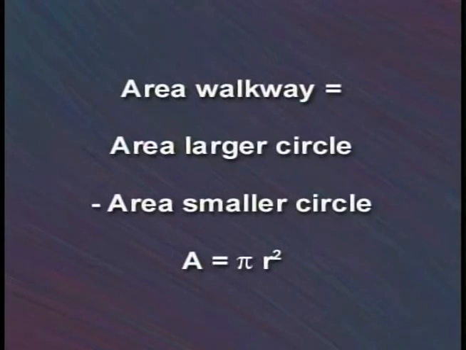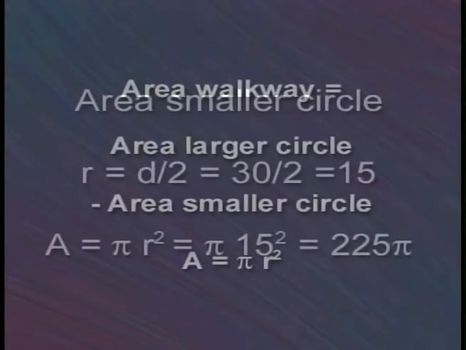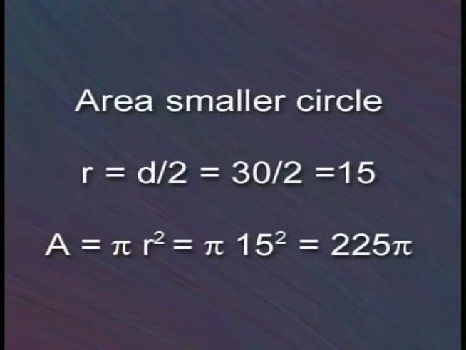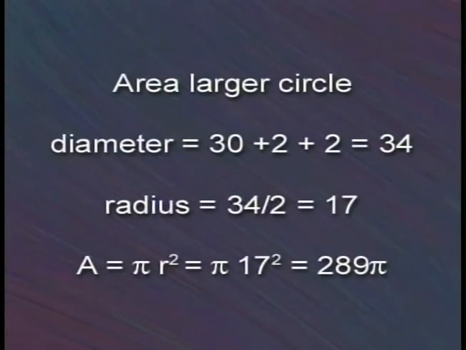The formula for the area of a circle is as follows. Area equals pi r squared. The radius of the smaller circle is the diameter divided by 2, or 30 divided by 2, or 15. The area is pi times 15 squared, or 225 pi. Now, what is the diameter of the larger circle?